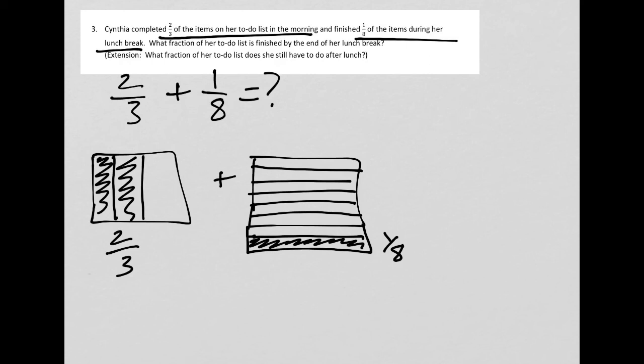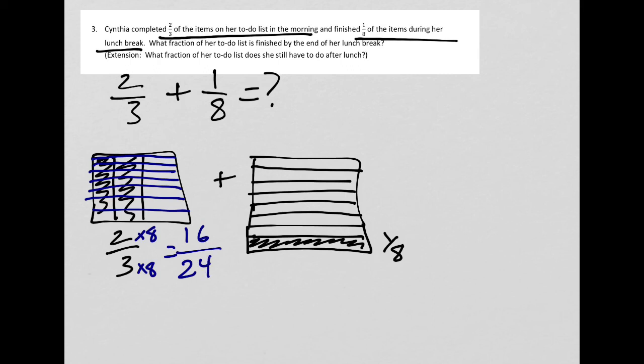So now let's make them equivalent. I'm going to take my 2/3 and I'm going to divide it into 8 pieces. 1, 2, 3, 4, 5, 6, 7. Good. So I'm basically timesing by 8, finding an equivalent fraction of 16/24. And then my eighths, I'm going to split into thirds.